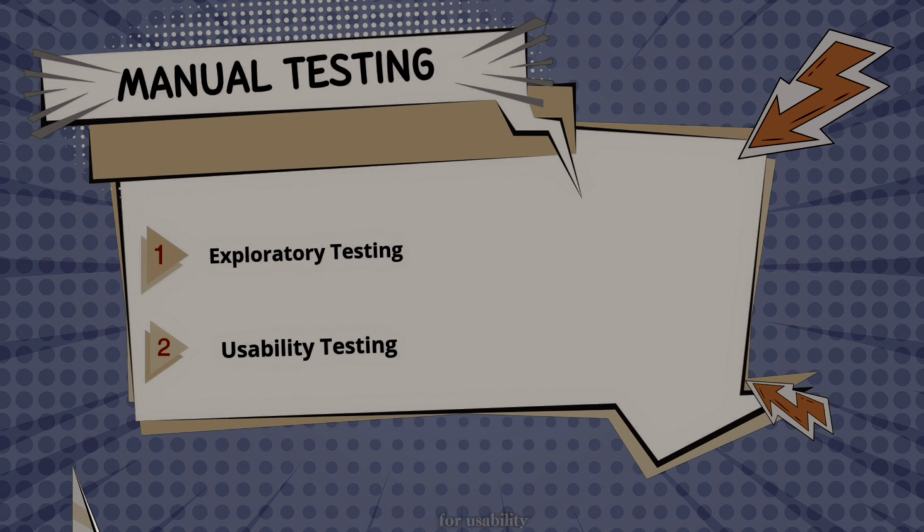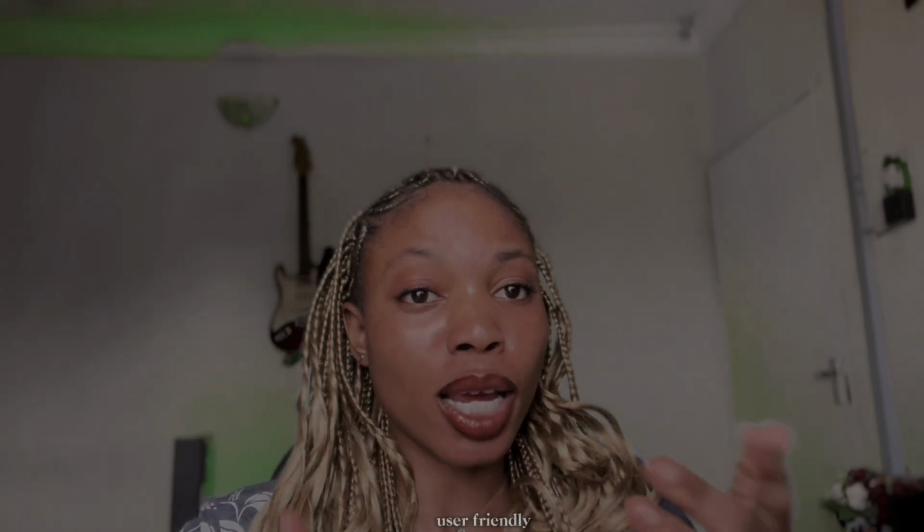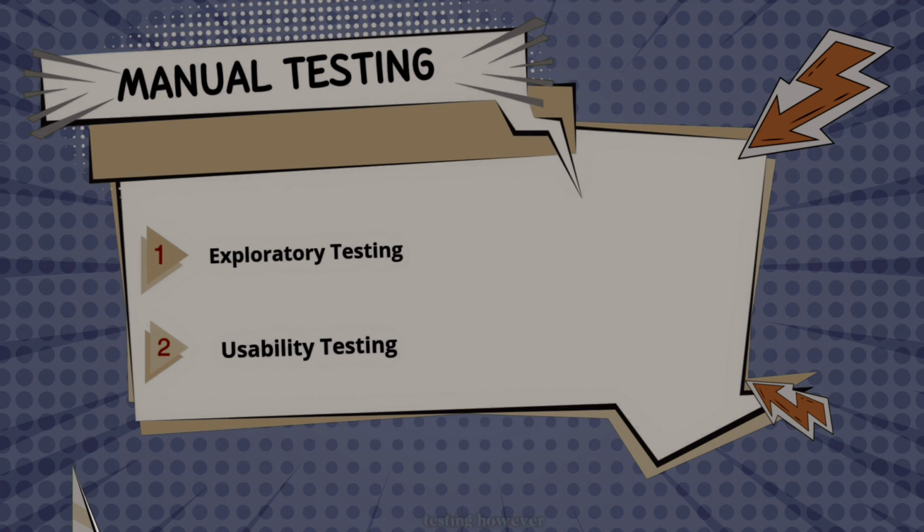Manual testing can be very useful in that scenario. Number two, usability testing, where you are testing how user friendly your application is. Manual testing can be perfect for that scenario because you are literally sitting in the position of the user. So you're able to see how usable this application is, right? So manual testing is perfect for exploratory testing and usability testing.